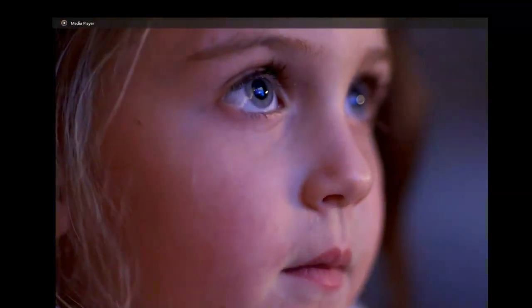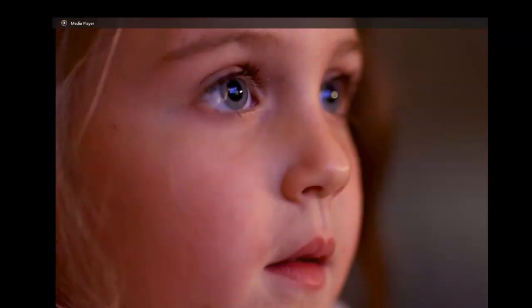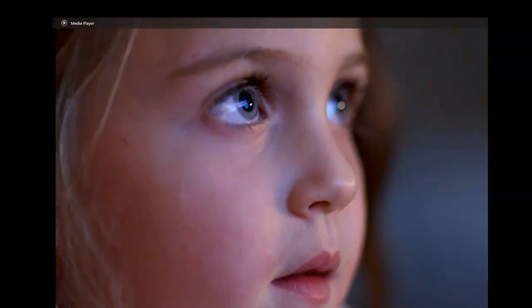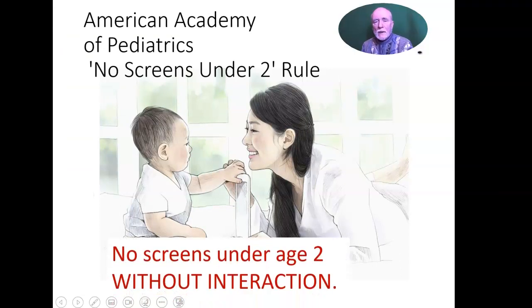Screens were TVs and computers that were thought to be possibly harmful to a child's brain development, and so the rule was to prohibit such screens. But subsequently, after 20 years of research and study, they moved from the rule, no screens under 2, to a principle, no screens under age 2 without interaction.